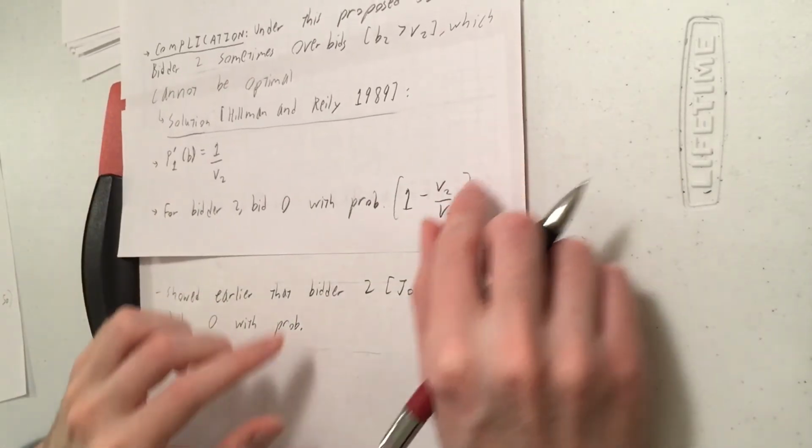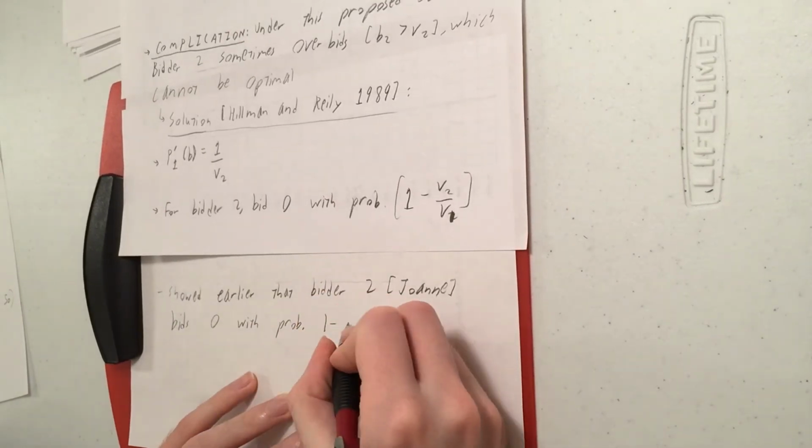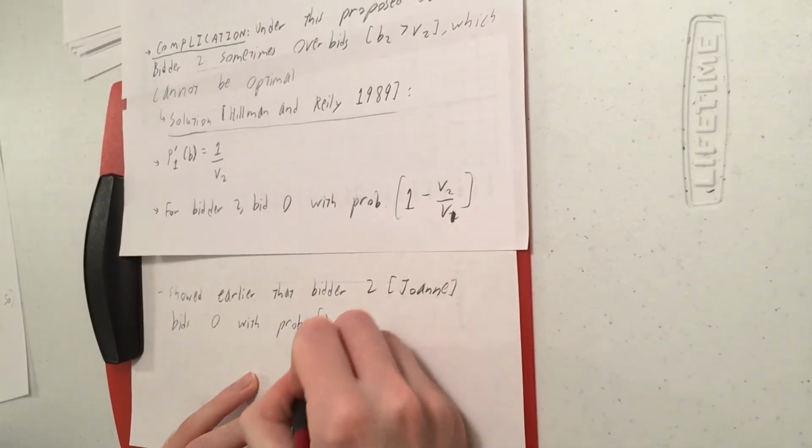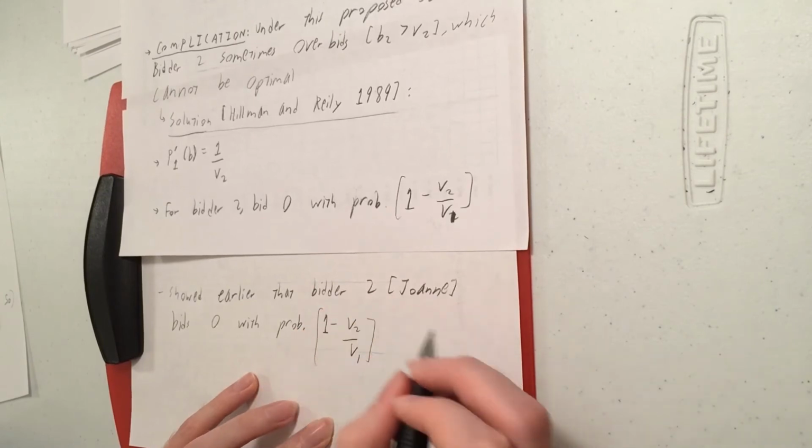So bid 0 with probability 1 minus V2 over V1. That's what we showed in a previous episode.